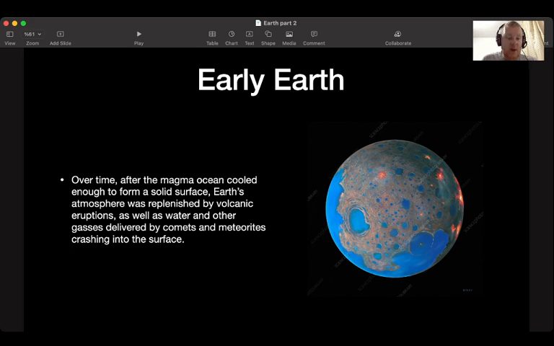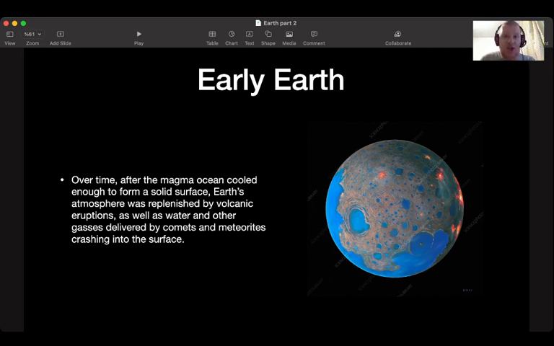So over time, after the magma ocean cooled enough to form a solid surface, Earth's atmosphere was replenished by volcanic eruptions, as well as water and other gases delivered by comets and meteorites crashing into the surface. So comets and meteors, or asteroids, were the ones that actually brought water and gases to Earth.